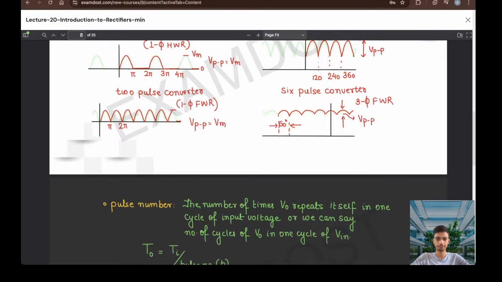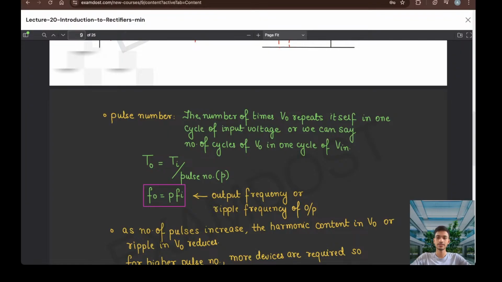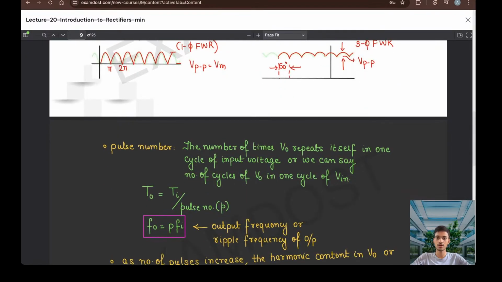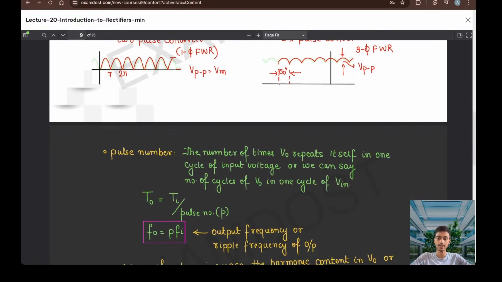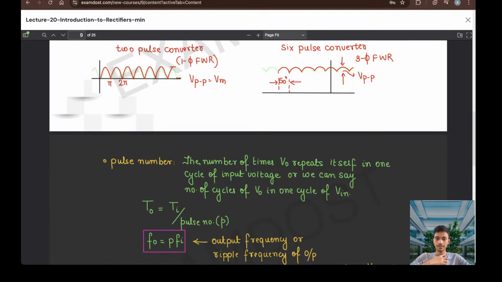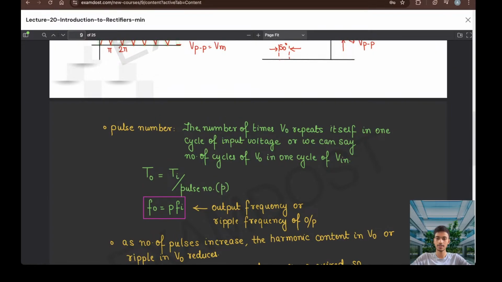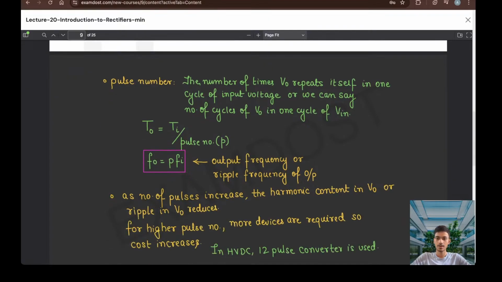Output time period equals the input time period divided by the pulse number. Frequency would be the inverse, obviously. So output frequency depends on the pulse number and the input frequency.